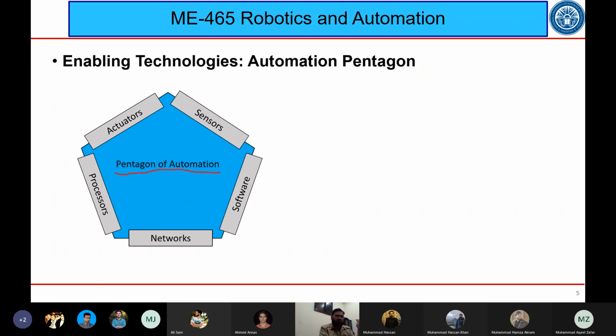If I'm using a robot, or an automated machine, the end of this cycle would be an actuator. An actuator would do what? An actuator can be a gripper, maybe a welding torch. Okay, ये मेरा end effector है.